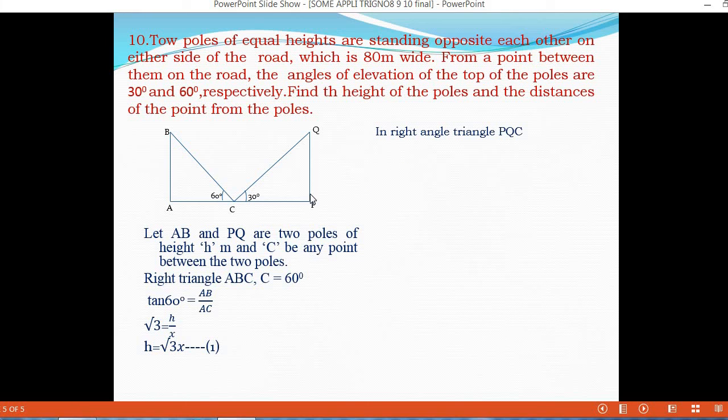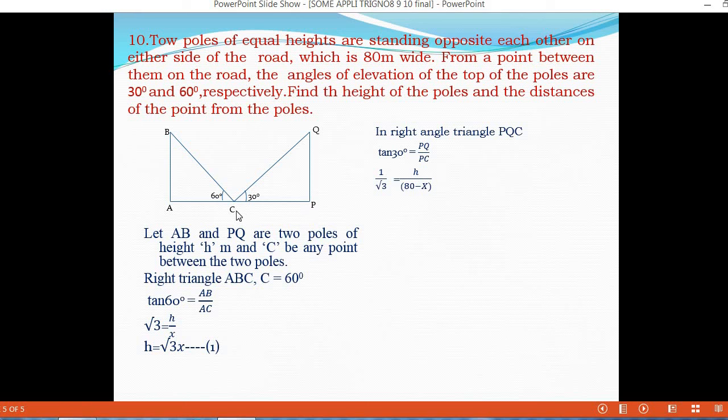So in the triangle PQC, tan 30 degree is equal to PQ divided by PC. Tan 30 is 1 by root 3, is equal to PQ, which is nothing but the height H, since AB and PQ are the two poles of height H meter, divided by PC.